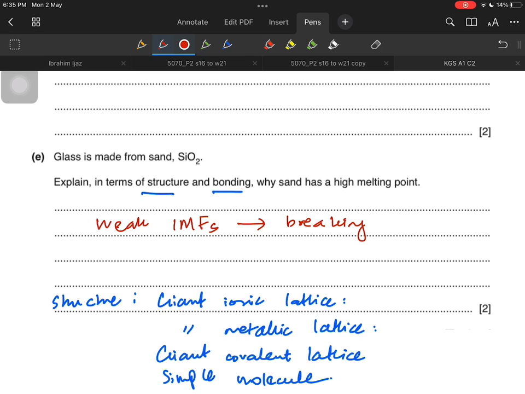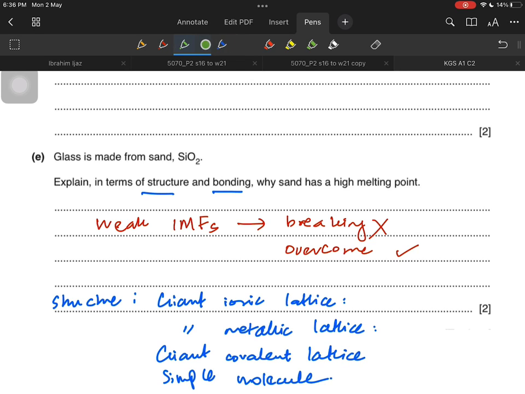If you're using the word intermolecular forces in an answer, it's not breaking. Intermolecular forces are always overcome. You always overcome them, so make sure that weak intermolecular forces are overcome. Make sure that this is what you do.